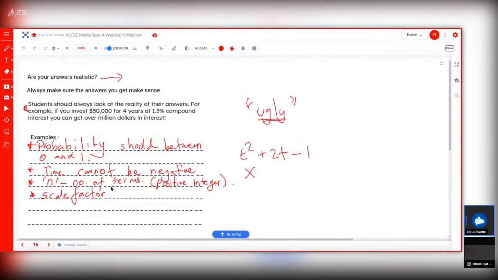Because a common error is they're looking for the scale factor going from A to B, right? You can clearly see that the second object or image or shape is larger, but somehow you did your ratios and you obtained the reciprocal of the length, which turns out to be a fraction.